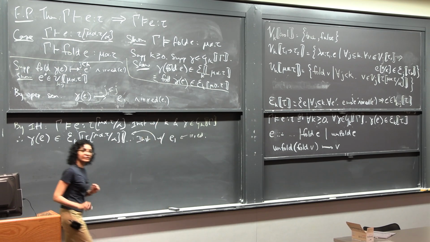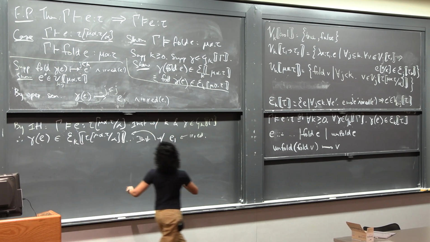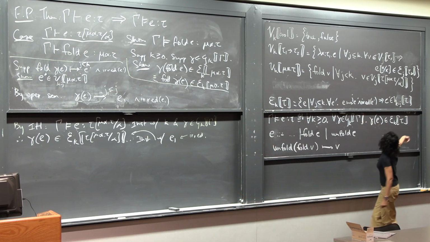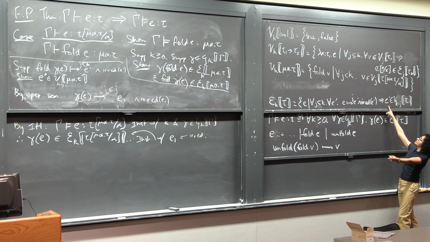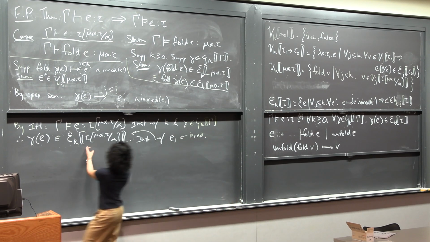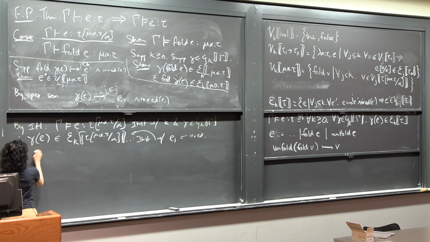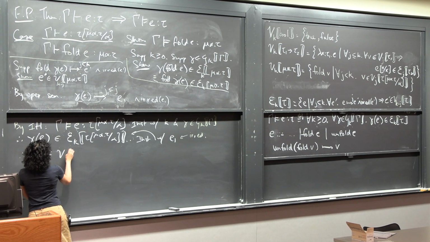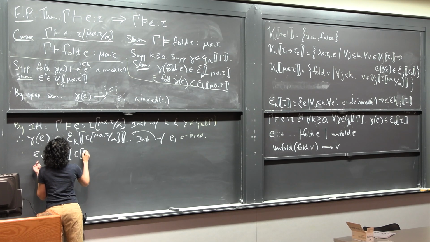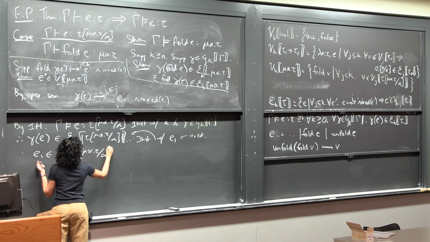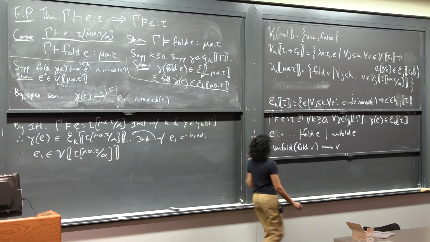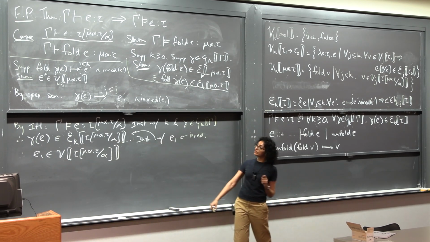Because gamma E reduces to E1, which is irreducible, we know that the E1 we just reached belongs to the value interpretation of this big type. Therefore, our E1 belongs to the value interpretation for how many steps? I'll let you figure that out while I write this. I didn't say how many steps I instantiated this with. How many steps does it take for gamma E to reduce to E1?